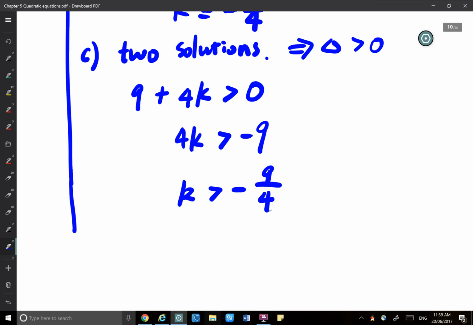So for those k values, you will have two solutions.